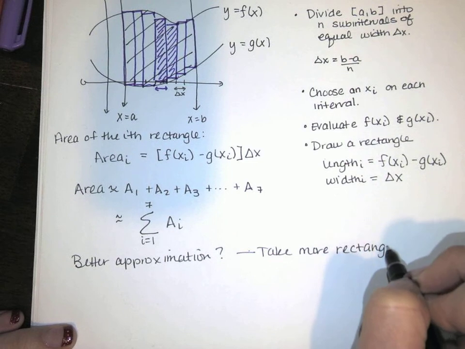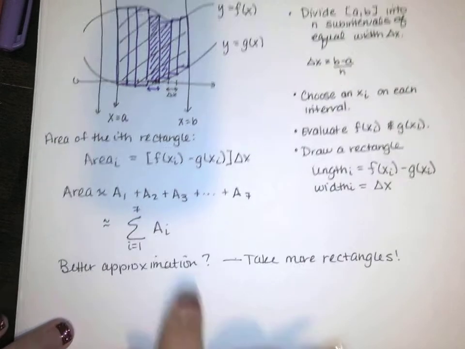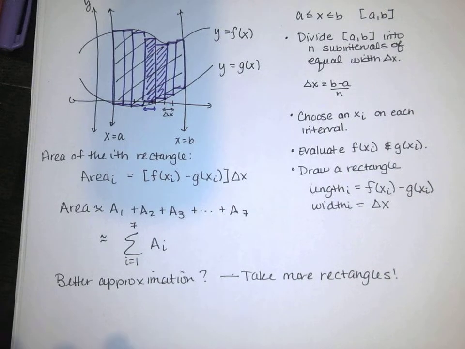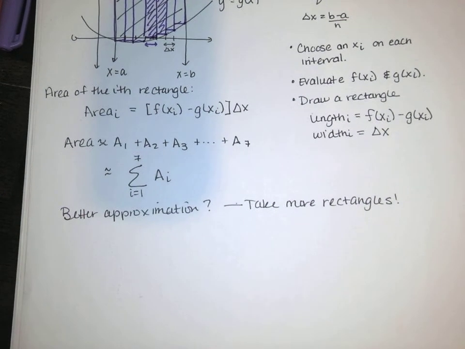So rather than n equals 7 rectangles, maybe we've got n equals 10 or n equals 20 or n equals 100. Then we're going to have a lot smaller gaps there. It's still not going to be perfect, but we're going to have a lot less error with more rectangles.